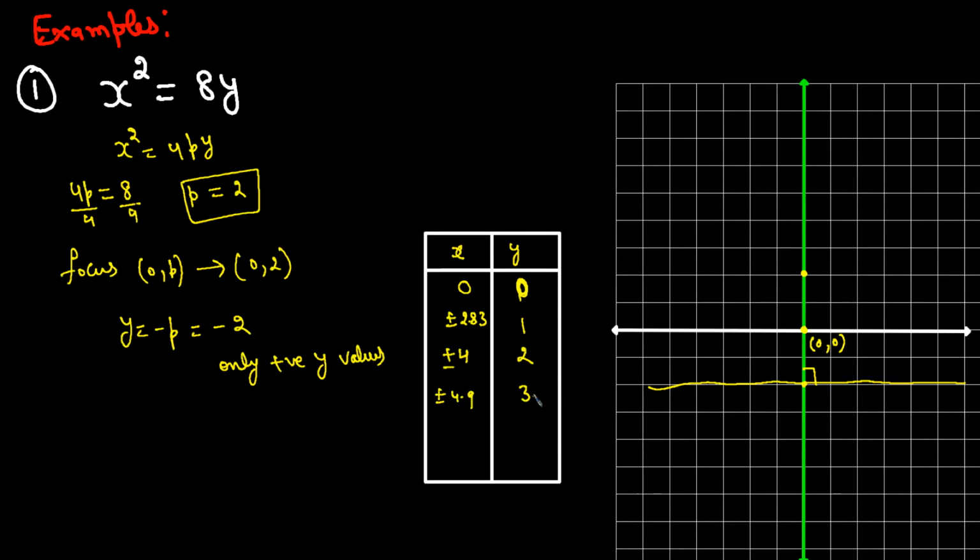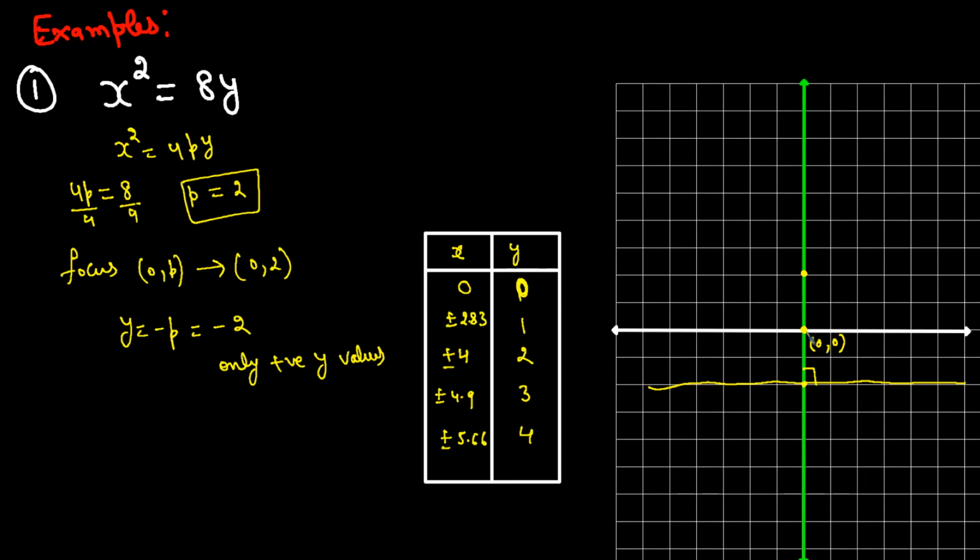I already calculated those points so that we don't spend too much time finding those points. So if y is 4, 32, and square root of that is plus minus 5.66.